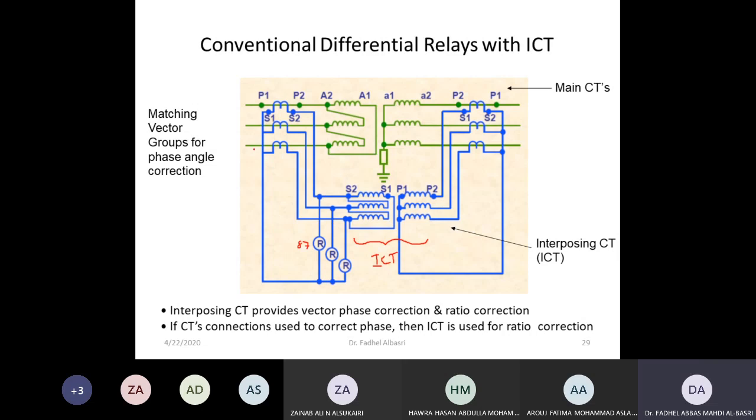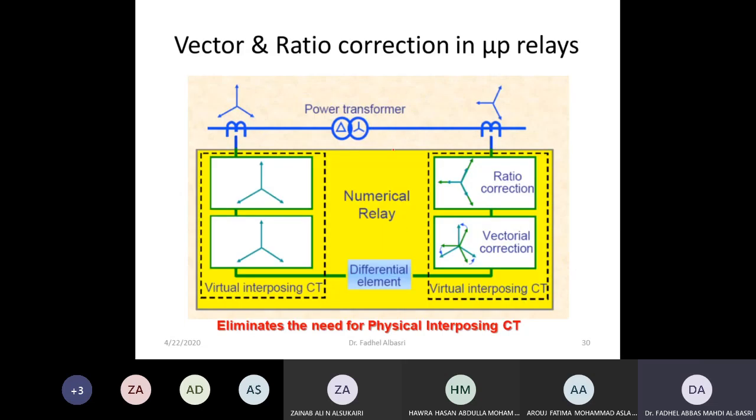Now this is how we connect transformers and the differential relay, in the conventional way using electromechanical relays. However, this can be eliminated when we use numerical relays. In numerical relays, I can correct the magnitude of the current at the secondary and correct its phase numerically inside.